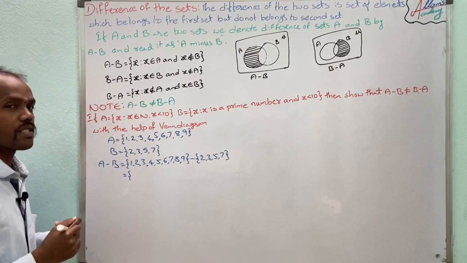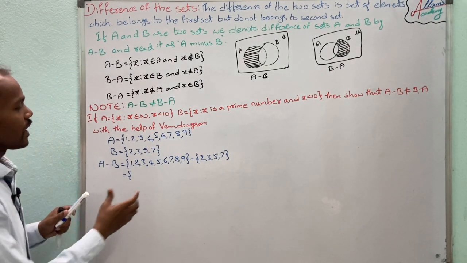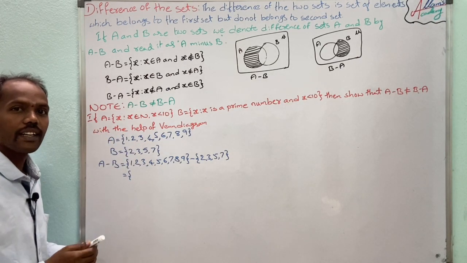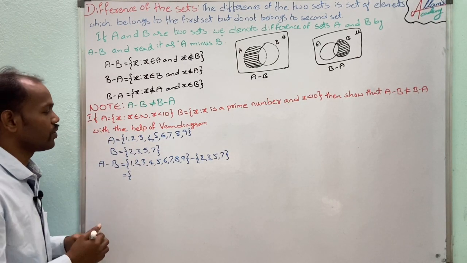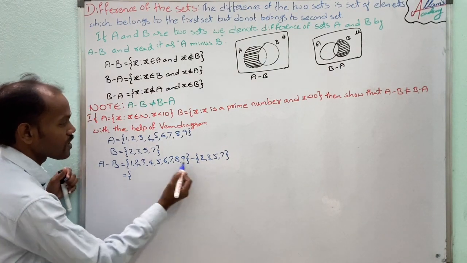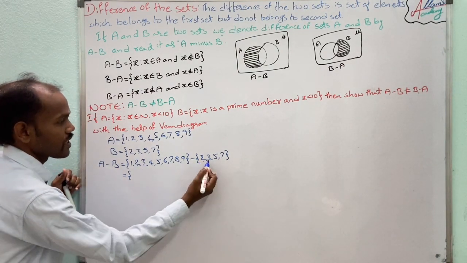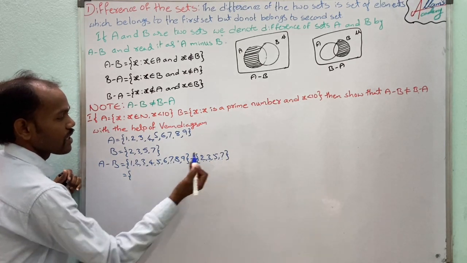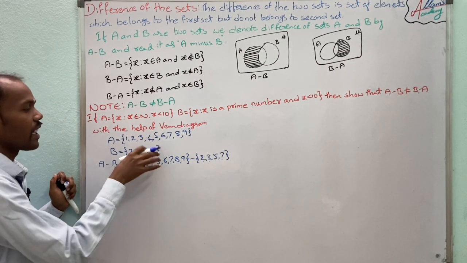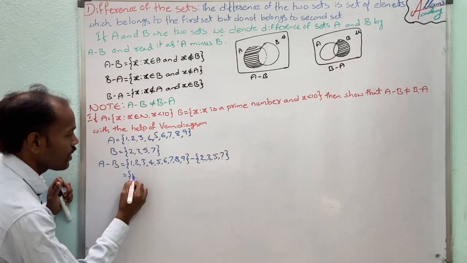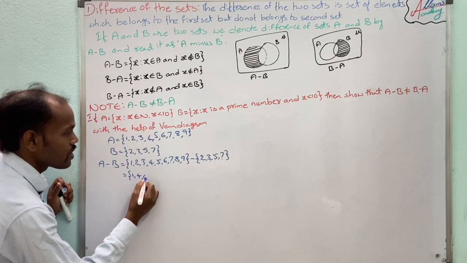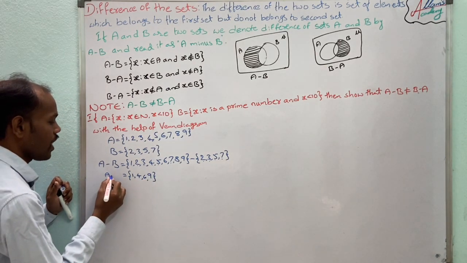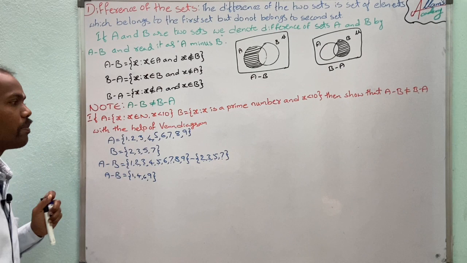Difference of sets means, as we already said, the common elements are neglected, and only the elements of the first set are taken. So 2 is a common element, 3 is common, 5 is common, 7 is common. Neglecting those, the remaining elements are 1, 4, 6, 8, 9. So that is the answer for A minus B.